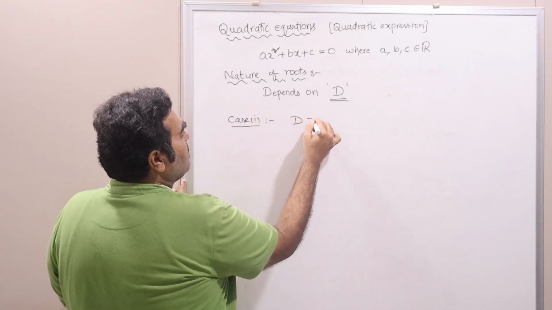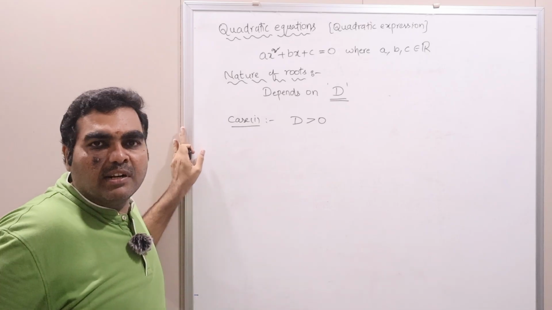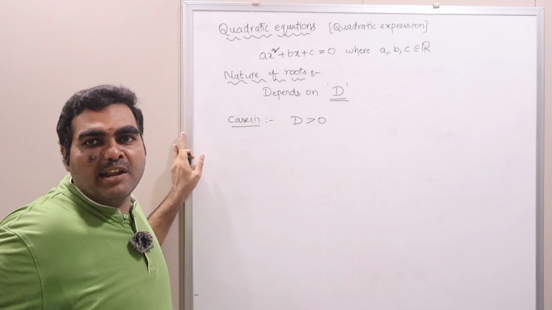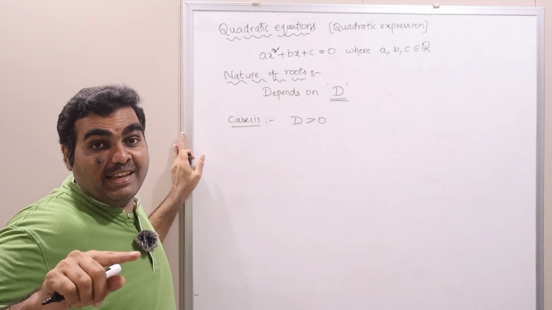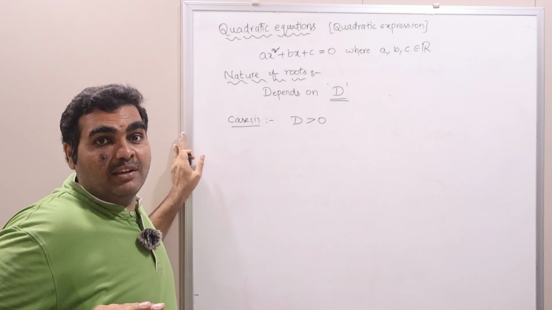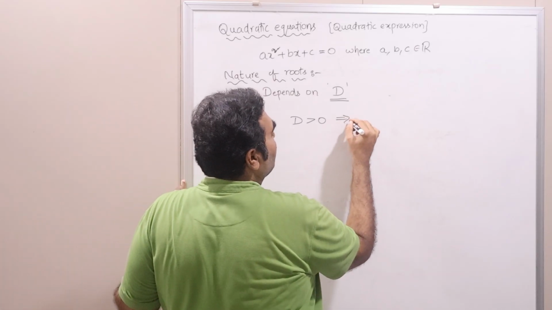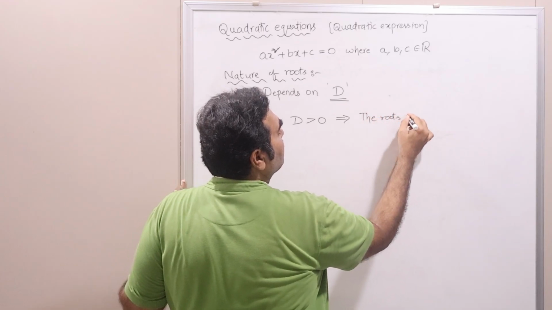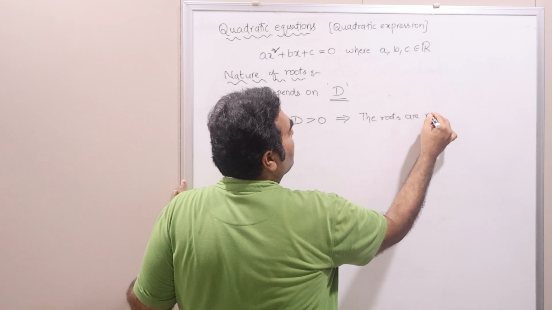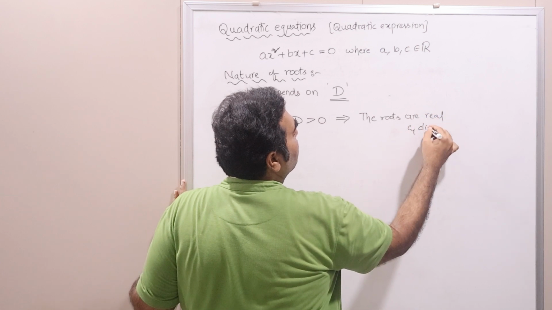D is strictly positive. When I say strictly positive, I mean that D is greater than 0, no equality involved in the expression. When D is greater than 0, it implies that the roots are real and distinct.